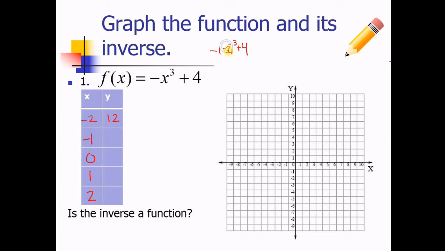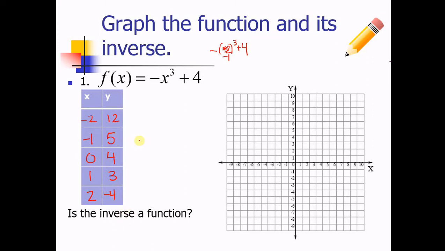If I make this a -1 there, I'll get a -1, +1, 5. You can just be putting this into your calculator. That's the easiest way to do it. 0 is going to give me 4. I'm going to get 3 here, and a -4 there, it looks like.